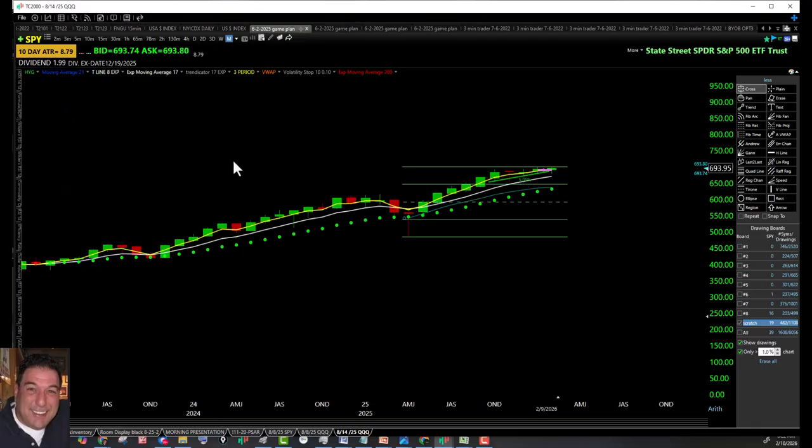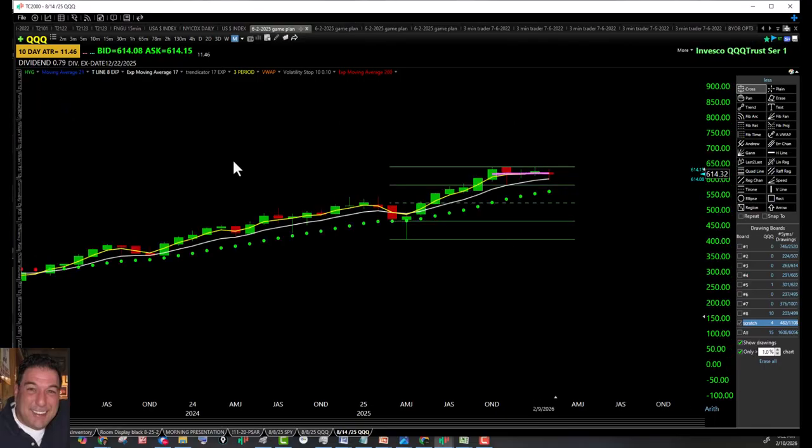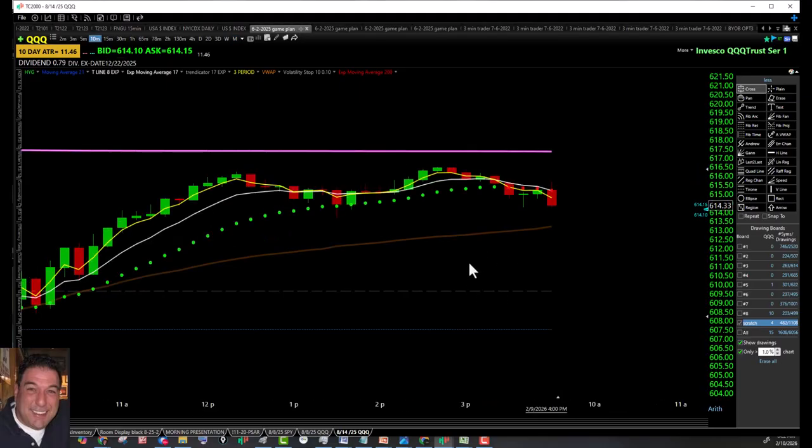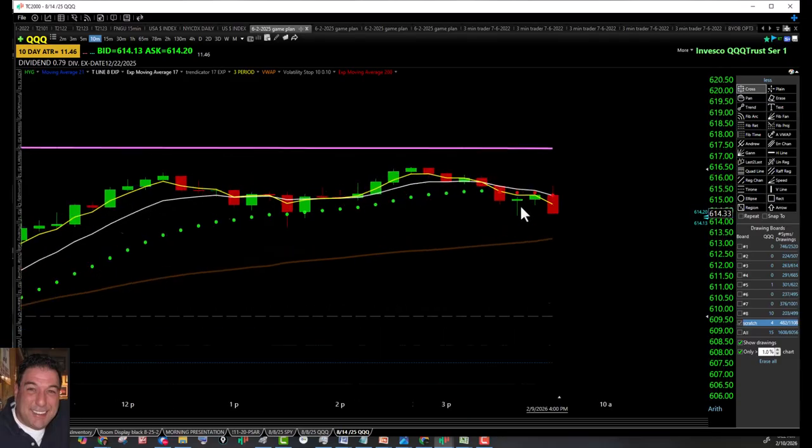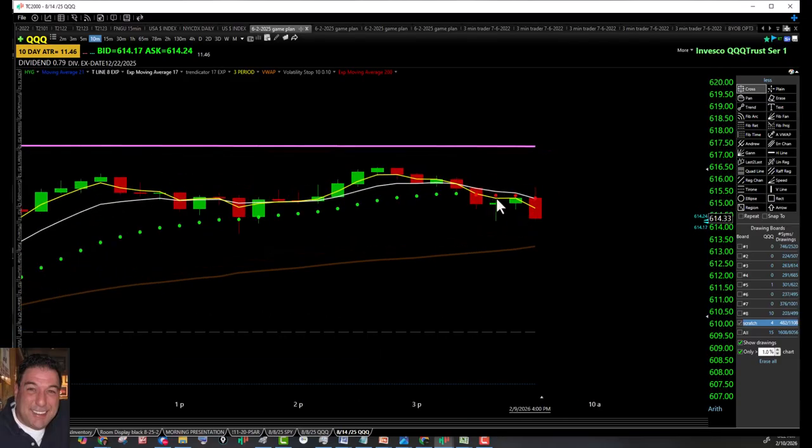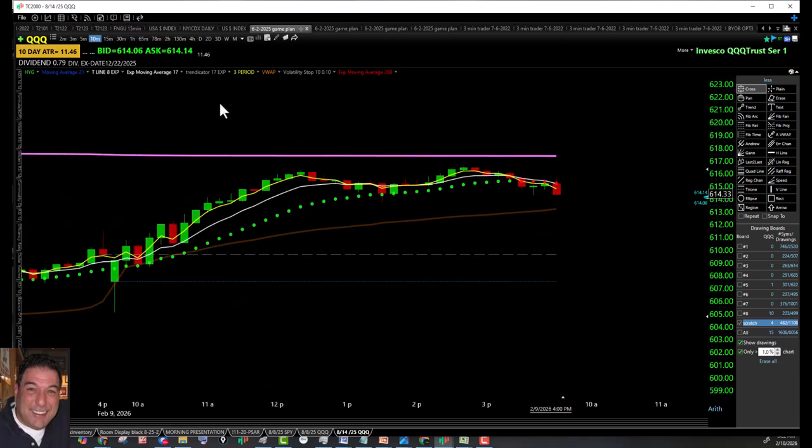So let's take a look at QQQ. All right, QQQ on the 10-minute. Same thing, kind of mimics the SPY. Got a double top up there. Got the 3 and the sticks underneath the 8. So you got a 10-minute downtrend right there coming into the close.